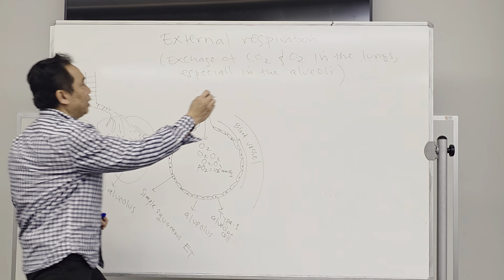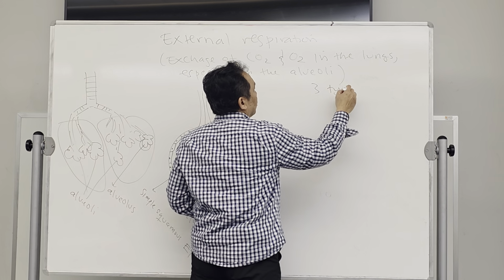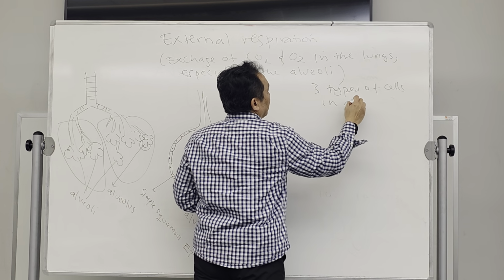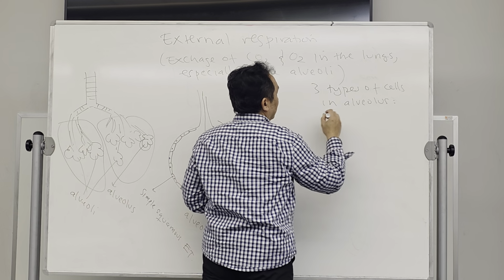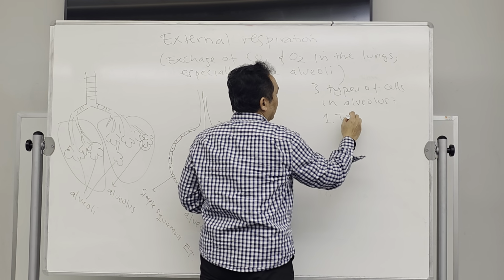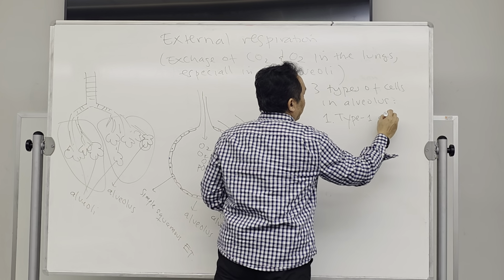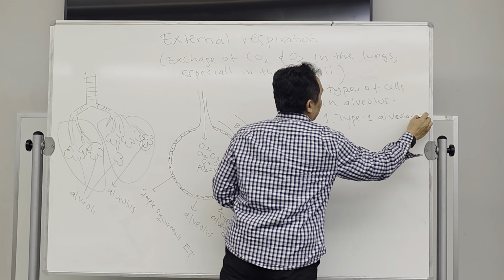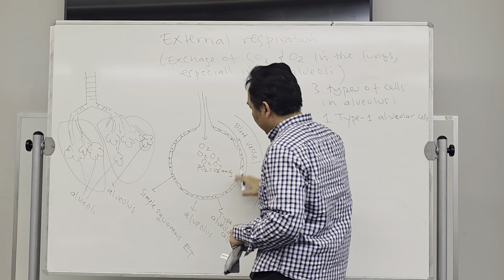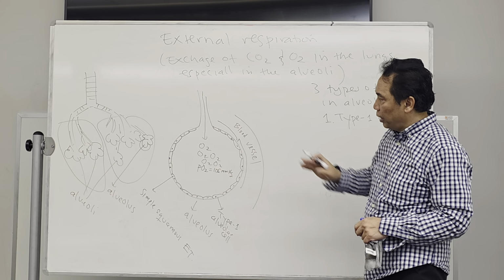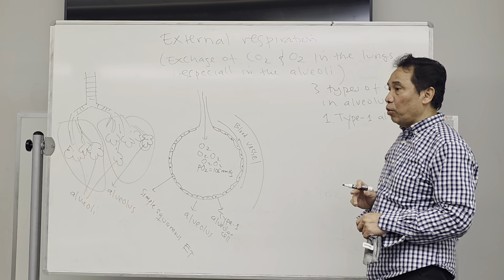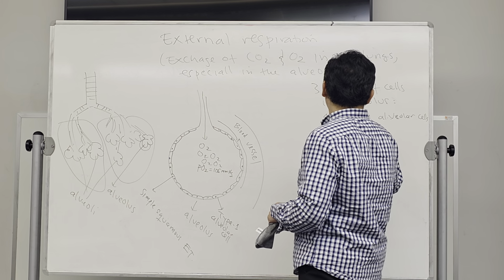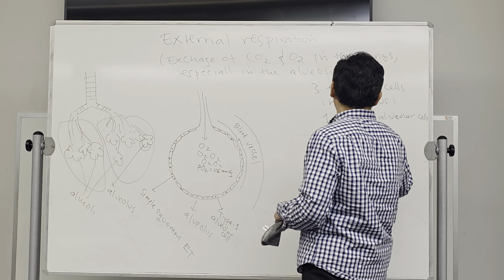So there are 3 types in the alveolus. Number 1 is called the type 1 alveolar cell, which is the cell that actually creates the wall of this alveolus. It's only one layer. This is the cell that is actually used for gas exchange.